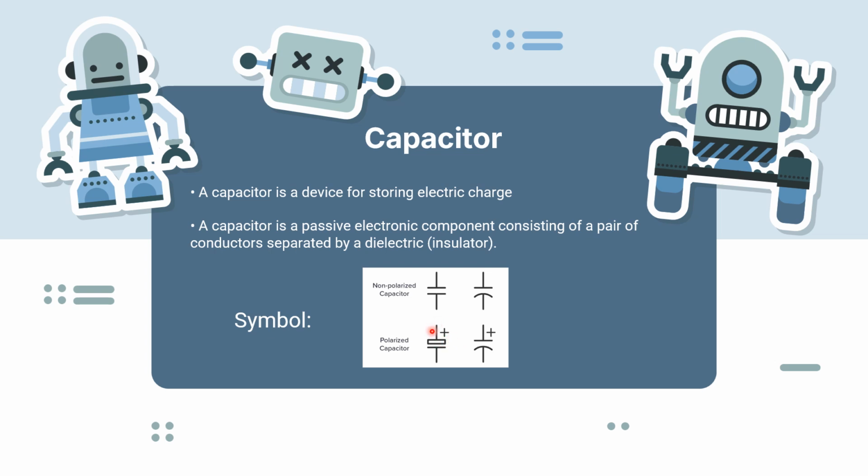For example, we should connect the plus pin or positive pin to the positive voltage and the minus pin or negative pin to the ground or the negative voltage. And if we put it in the wrong direction, it's going to destroy it. We will test it in the lab together and see what will happen if we put it in the wrong direction.